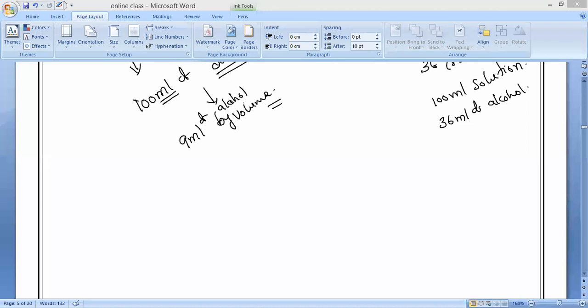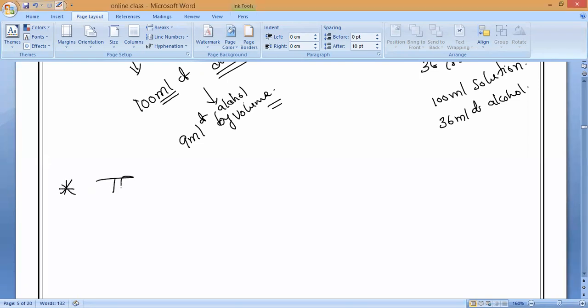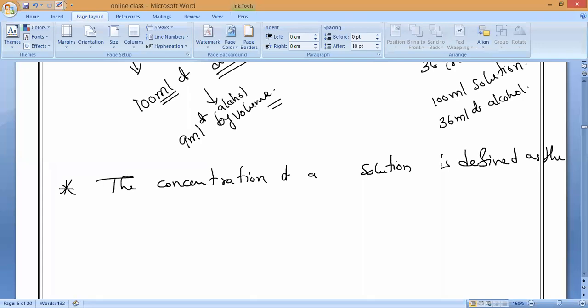Right. The concentration of a solution is defined as the volume of solute in how many ml of solution?